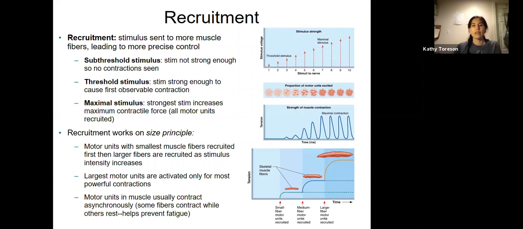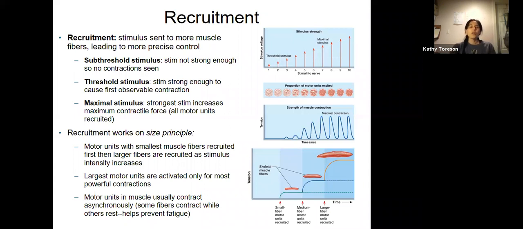Number one, which we've already talked about, is the frequency of stimulation. But something that we didn't talk about last week, or at least I don't remember talking about it, is the recruitment. So we can recruit more muscle fibers if we need more precise control of the muscle.